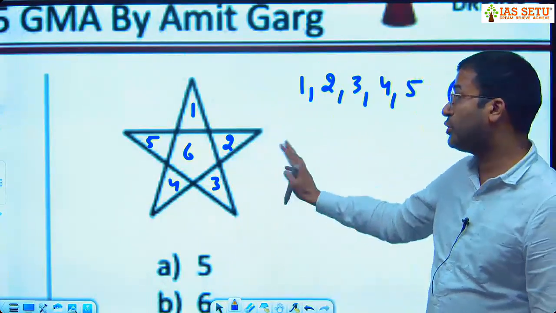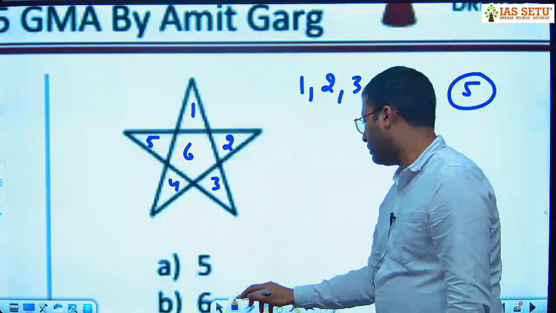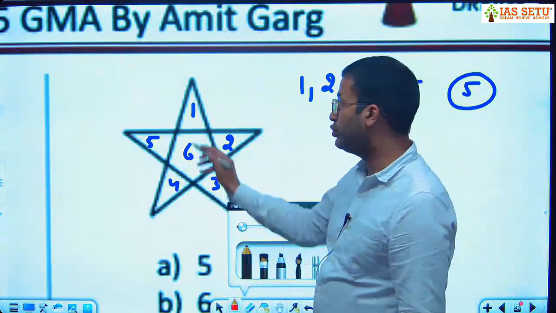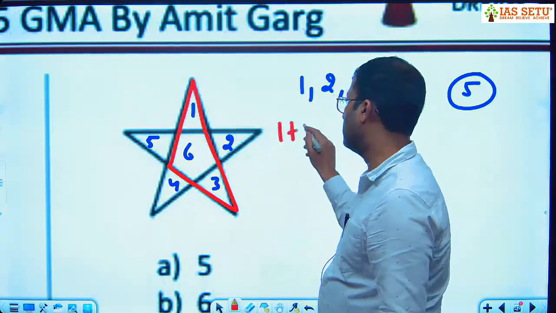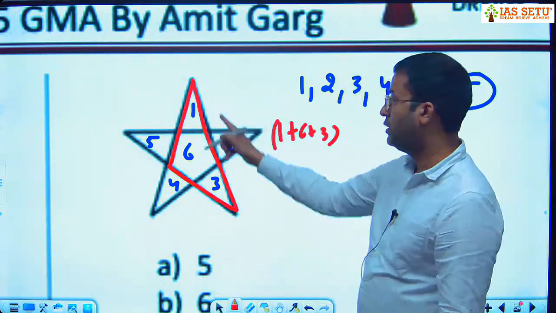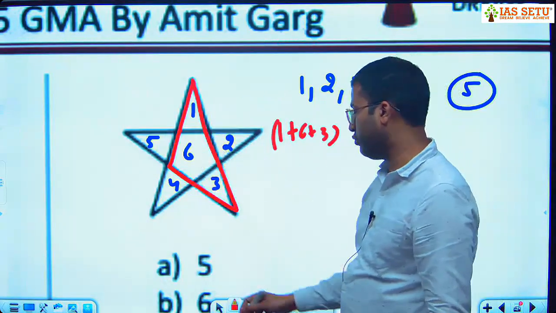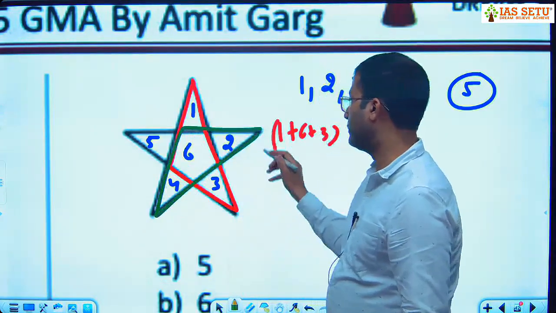When you take 2 numbers at a time, you will not get a triangle, but 3 numbers at a time. 3 में what you do? You start from 1 6 and 3. Then move clockwise. 1 6 3, 2 6 4.